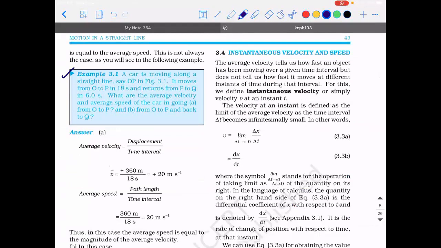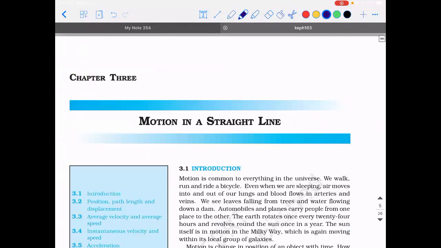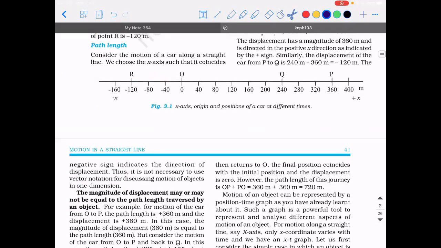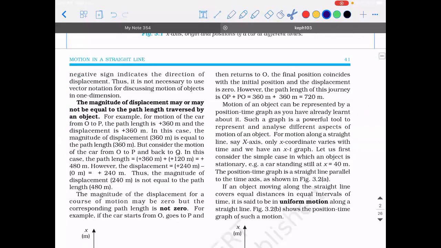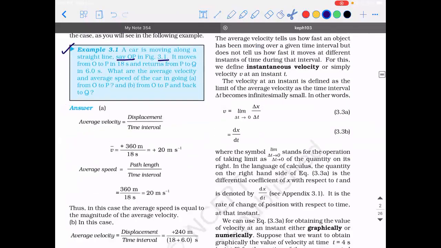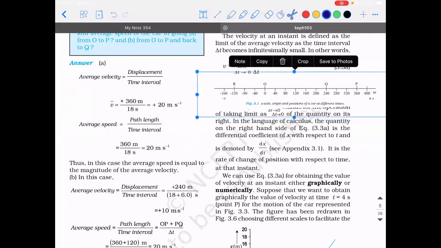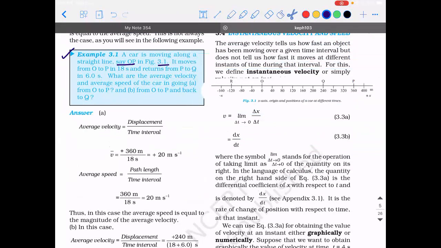So there is a car which is moving along a straight line, say OP, as shown in figure 3.1. This is the diagram. Let me copy this. Okay, I will keep it here for the time being.